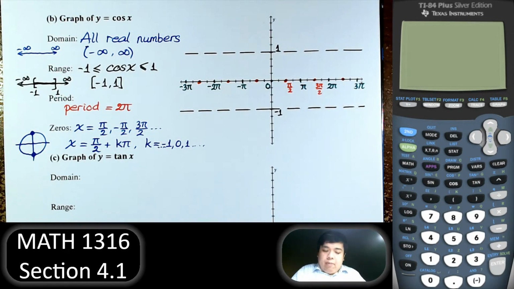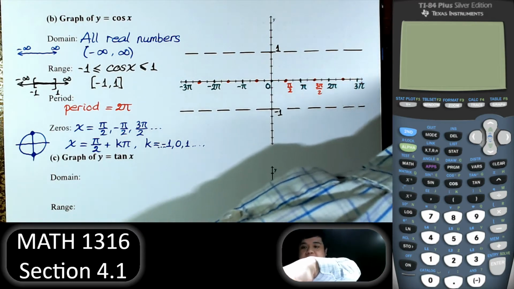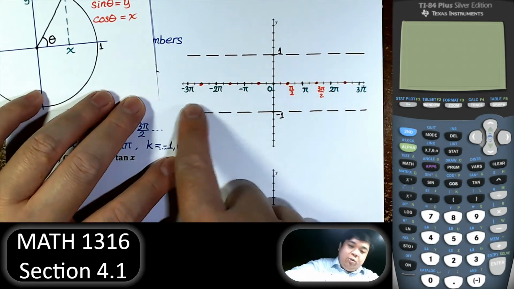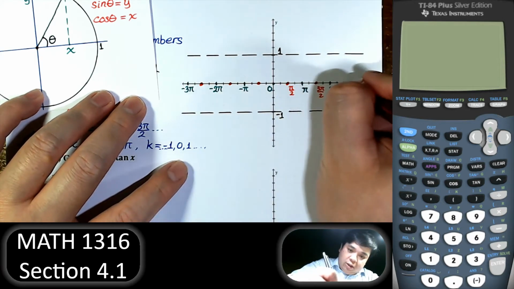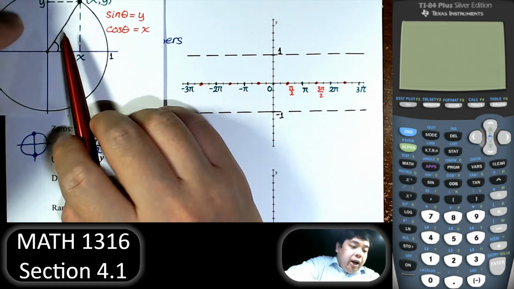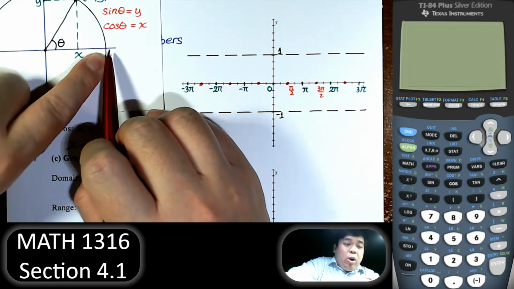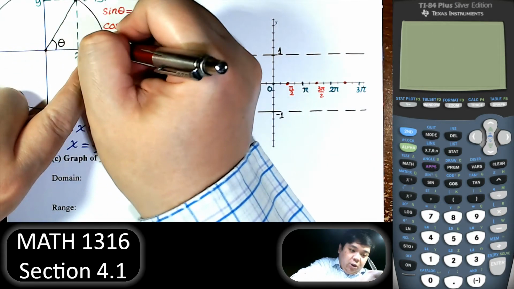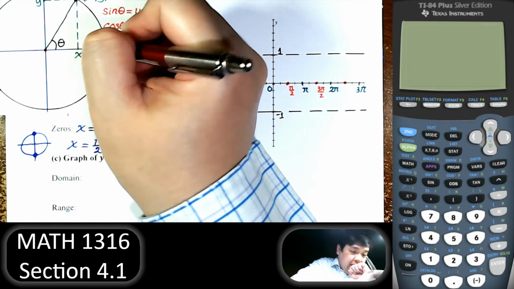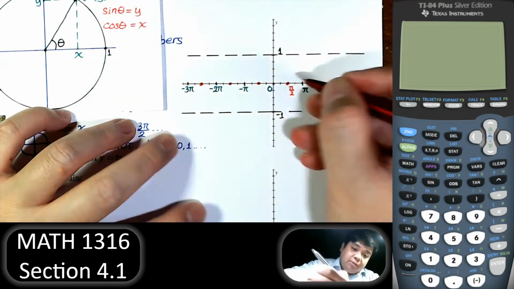Now, back to the unit circle. We know the graph will go through those points. This point, when the angle equals 0, we have this point. The x value of that point is 1.